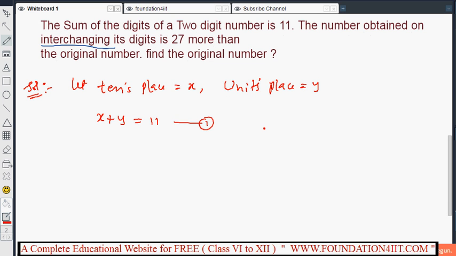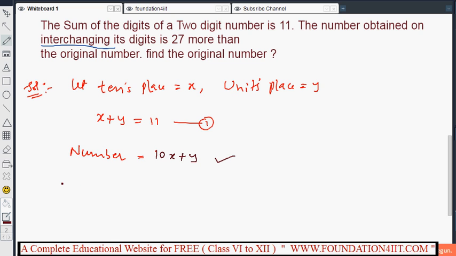Fine. Now the number obtained on interchanging. Generally the number is equal to 10 into tens place plus 1 into units place. So that is 10x plus y. So this is the number.